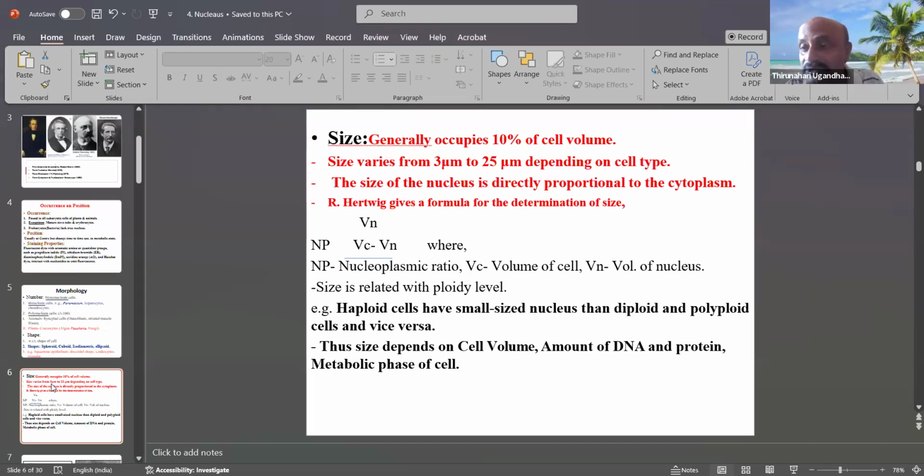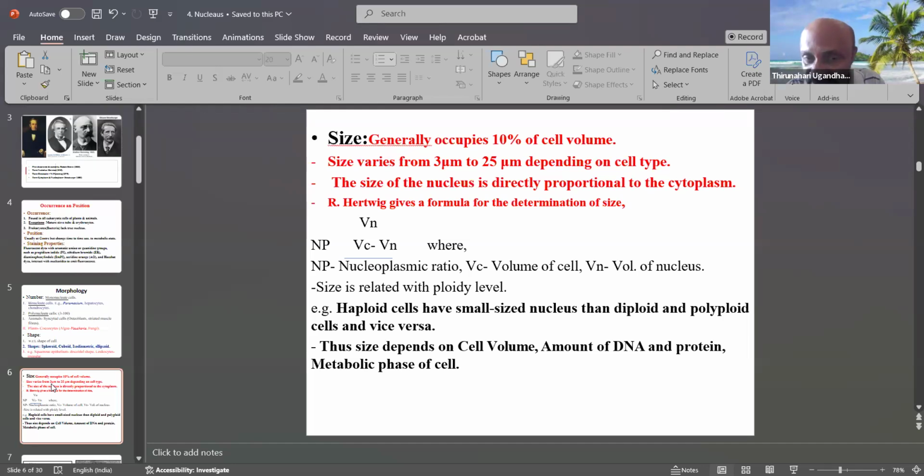Hertwig gave a formula for determining the size: NP = VN / (VC − VN), where NP is the nucleoplasmic ratio, N means nucleoplasm, P means plasm, VC is the volume of the cell, and VN is the volume of the nucleus. Size is related to the ploidy level.